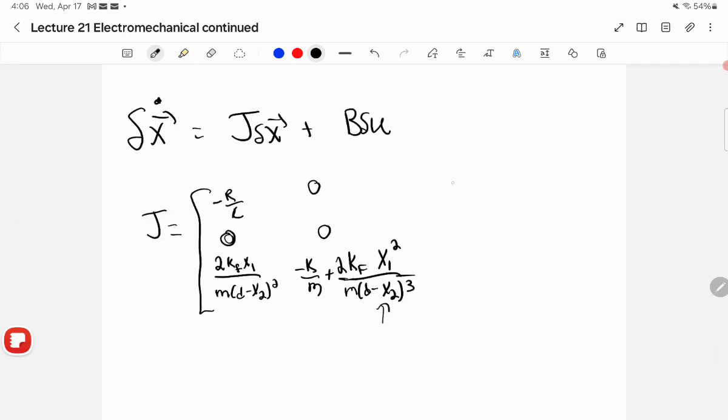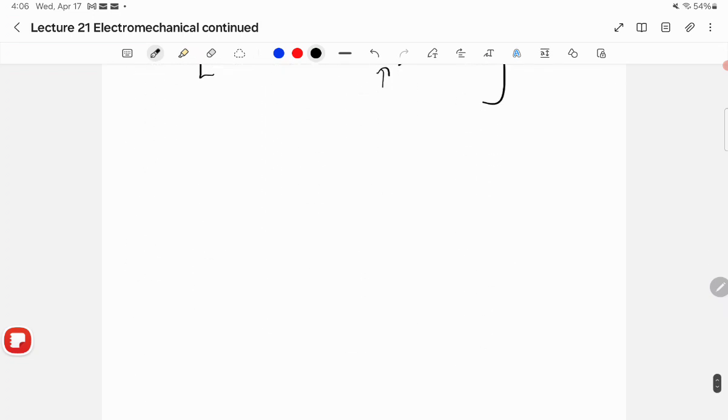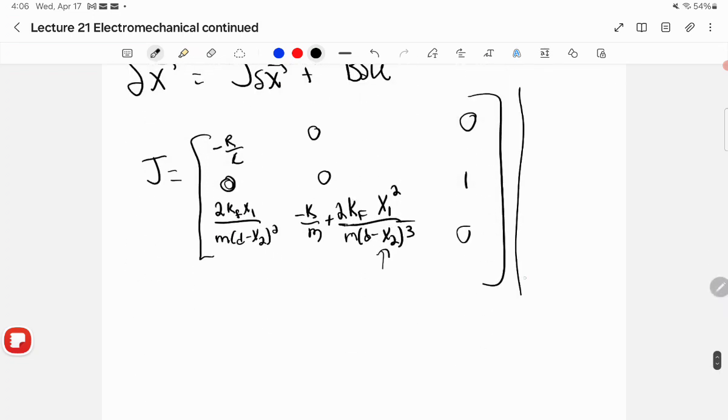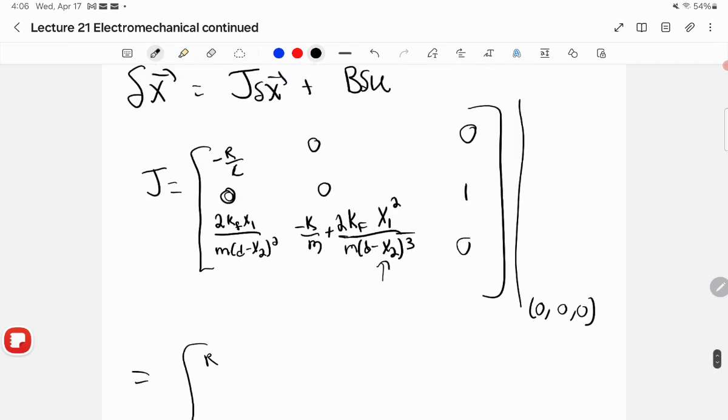This was 0, 0. And then over here we have 0, 1, 0. Okay, so that's my Jacobian. When I multiply that, I have to evaluate this at the fixed point, which is 0, 0, 0. So when I evaluate it at the fixed point, several of these terms are just going to go away.